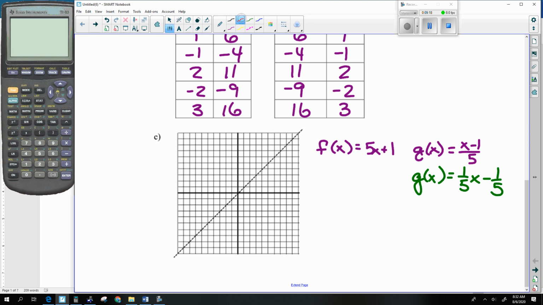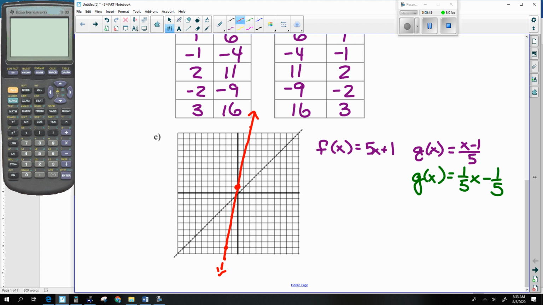We'll see. Okay, so the first has a y-intercept of 1 and a slope of 5. 1, 2, 3, 4, 5. All right, so here is that one right there.